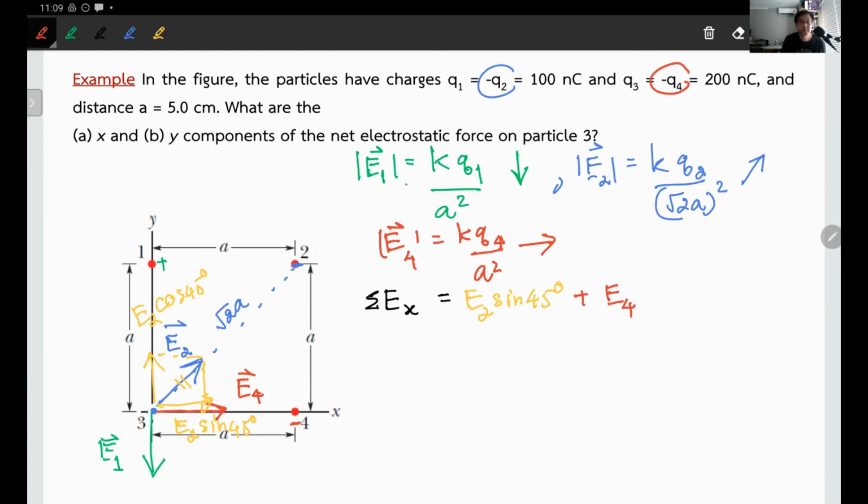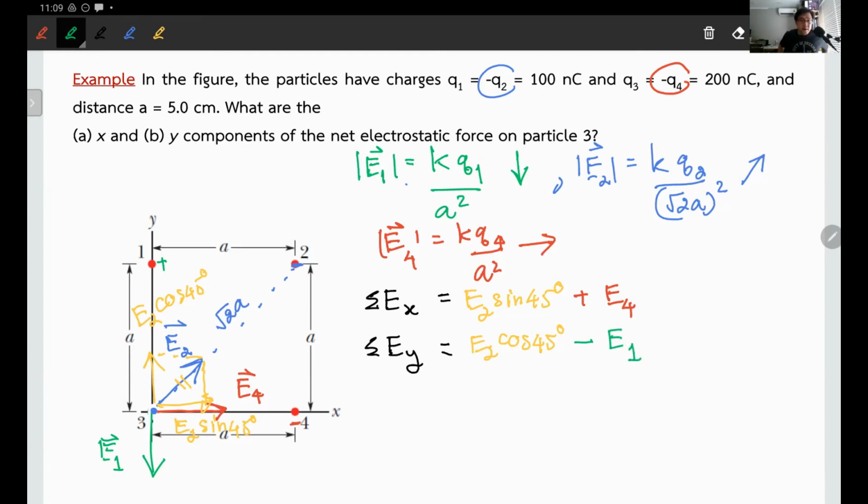That's the net horizontal electric field. Do the same with the vertical components. Net electric field in the vertical direction: you have E2 cosine 45 pointing up, but E1 is pointing down, so you subtract E1.